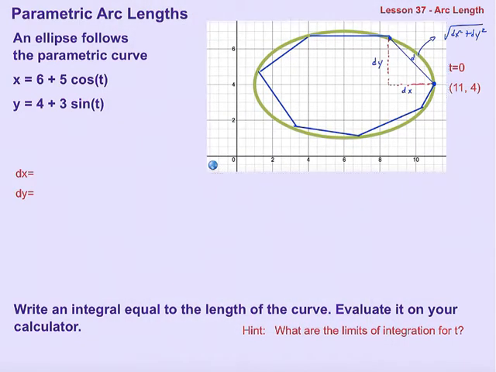Okay, so what we're going to do to add all of those up together is find the sum of the square root of every dx squared plus every dy squared. And this looks like what we saw in the last example. We're going to do something similar, but remember that this time we're talking about a parametric curve. So both our x and our y, and therefore our dx and our dy, should be in terms of t.